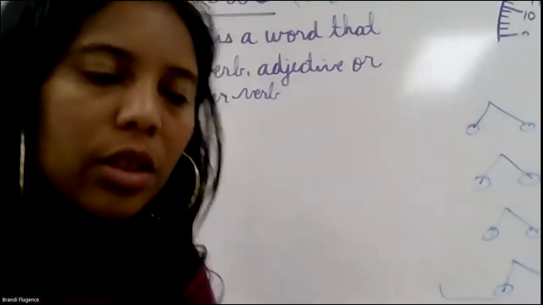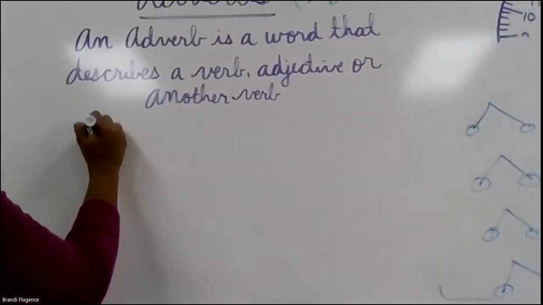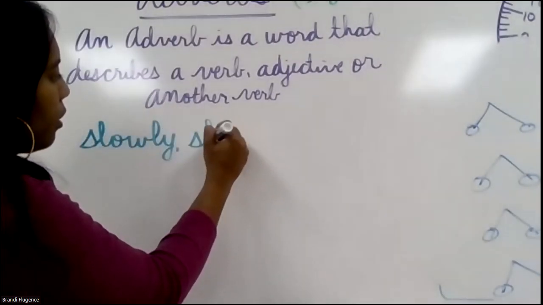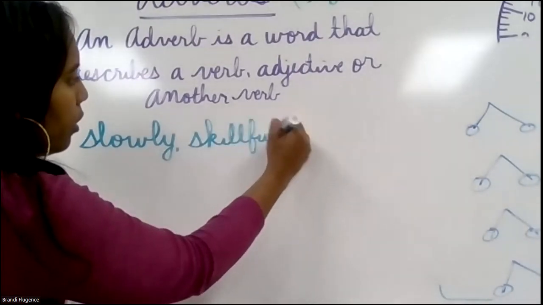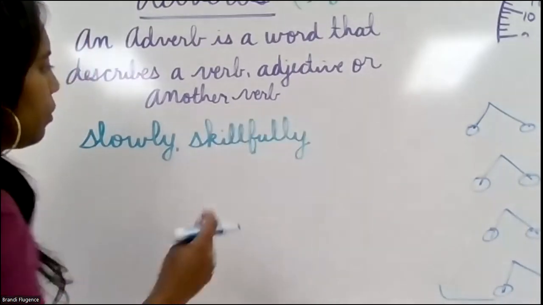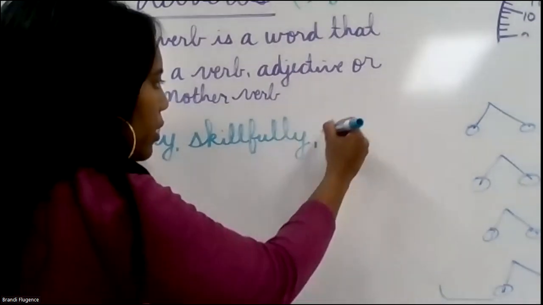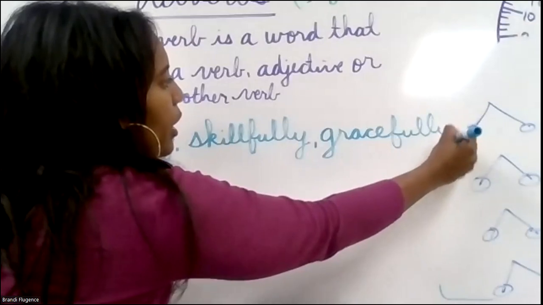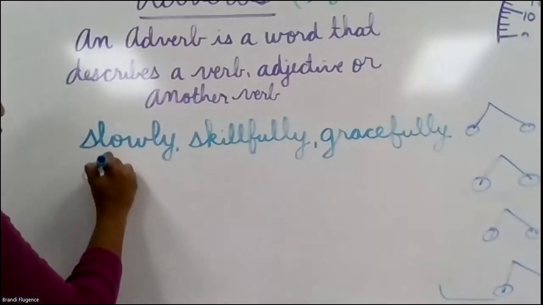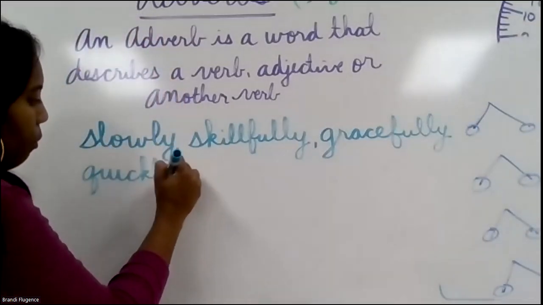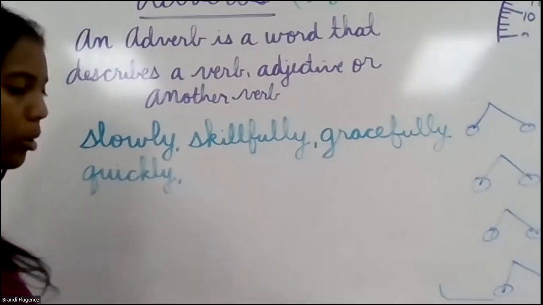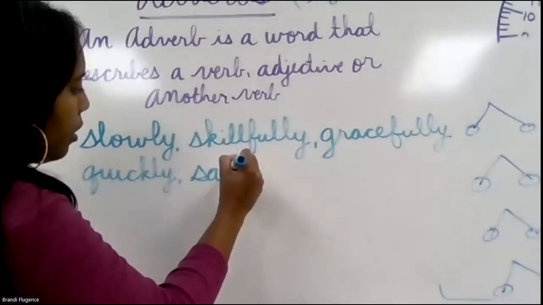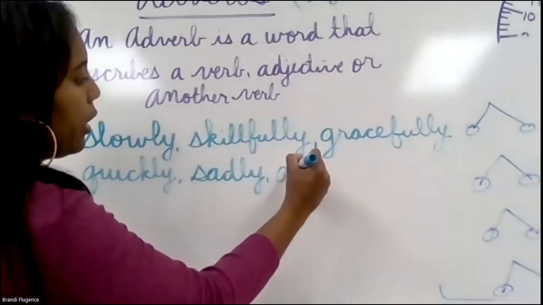So I'm going to put the ones we just did: slowly, skillfully, gracefully. And I'll give you some more with ly. So we have quickly. We can do something quickly. Sadly. Angrily.